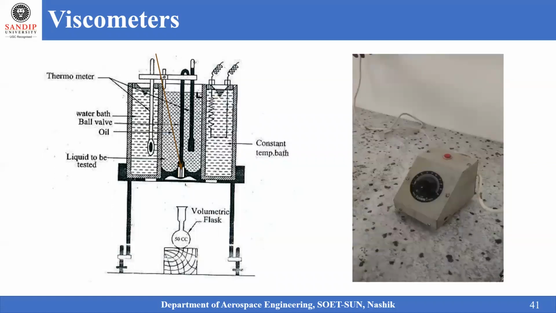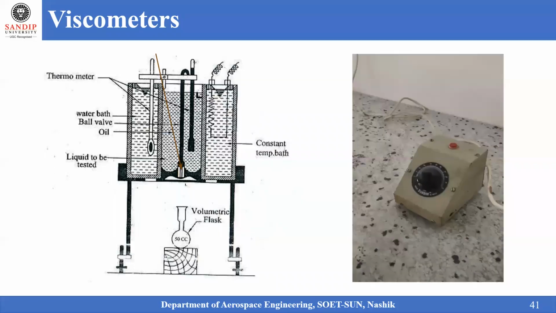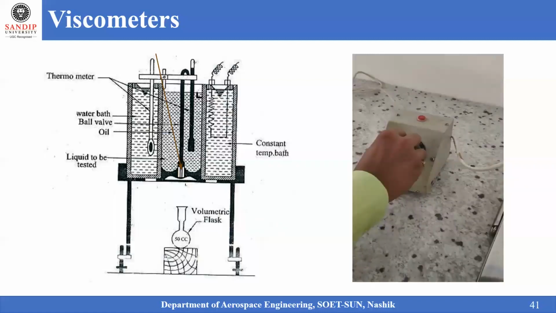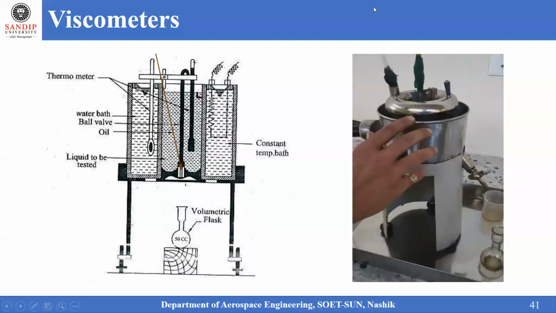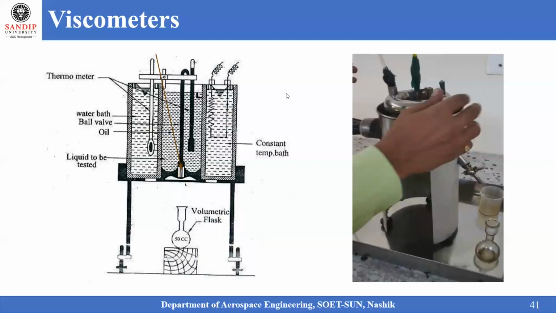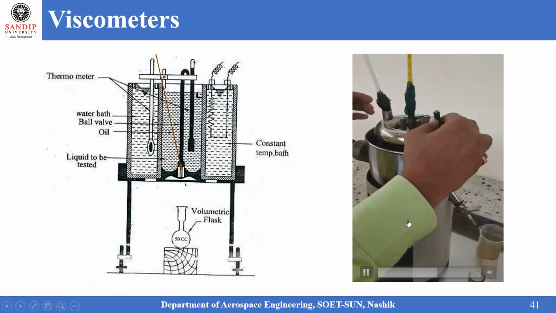Here you can see the equipment named thermostat. Using this equipment, we continuously supply electrical energy to the heating coils, through which heat is conducted inside, and the temperature is incremented.